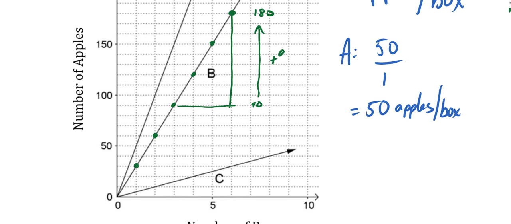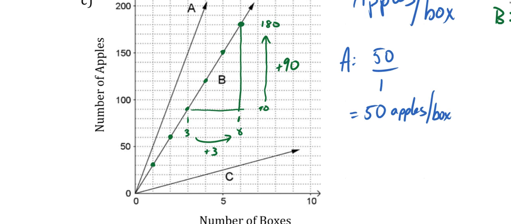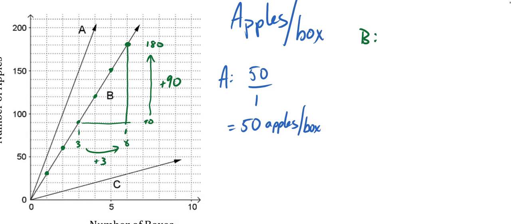So this is plus 90. And this was 3. And this is 6. So that's a change of what? 3. So plus 3. So for B, I've got a change of 90 over 3. And what is that? 30 apples per box.